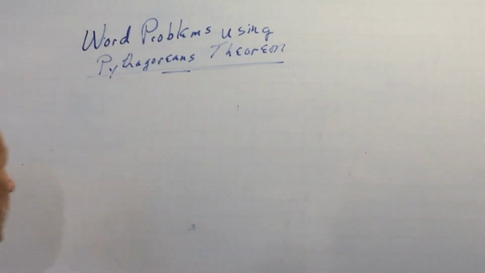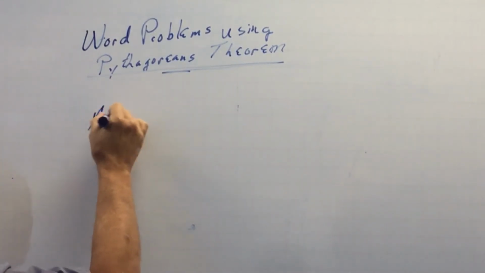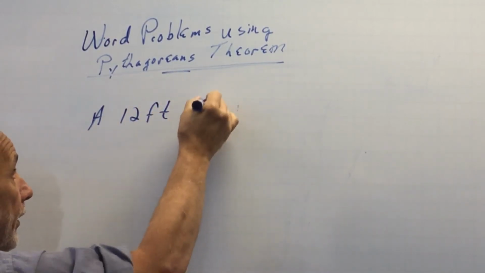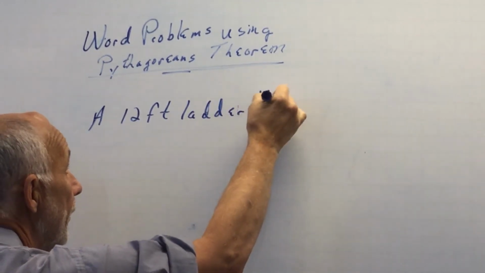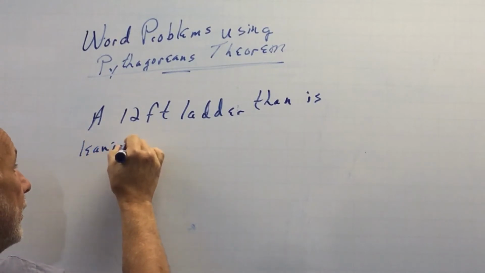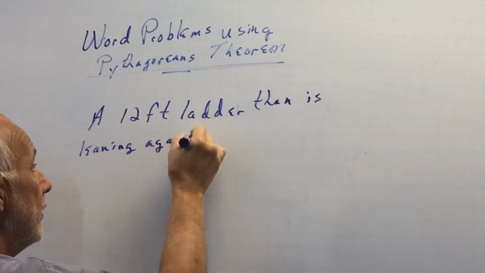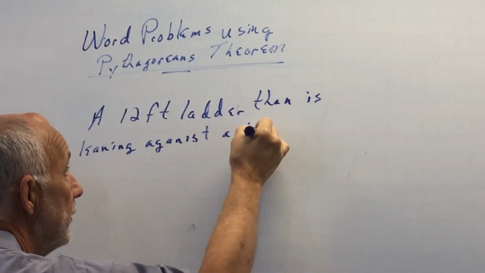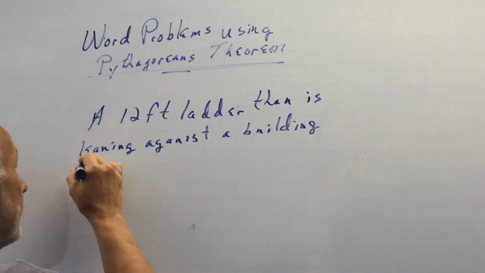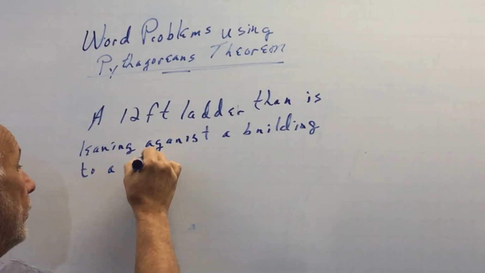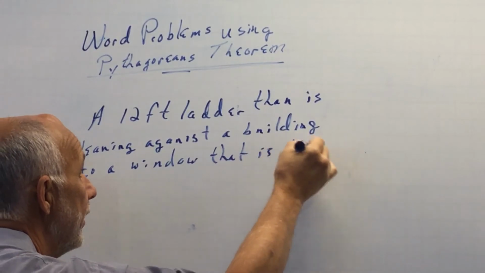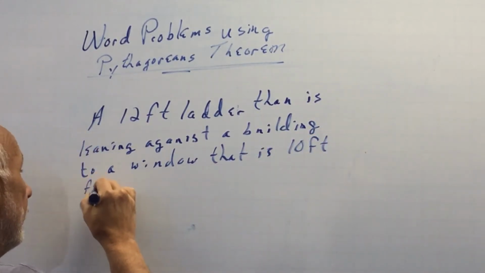Okay? Let's say we said that there's a 12-foot ladder, all right, that is leaning against a building to a window that is 10 feet from the ground.